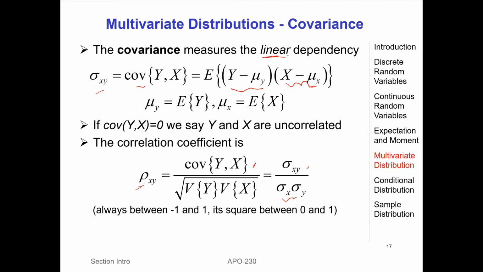And if we have, for example, rho xy equals -1, then that means the two variables are perfectly negatively correlated.